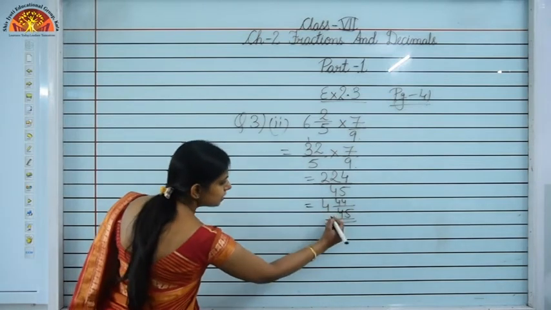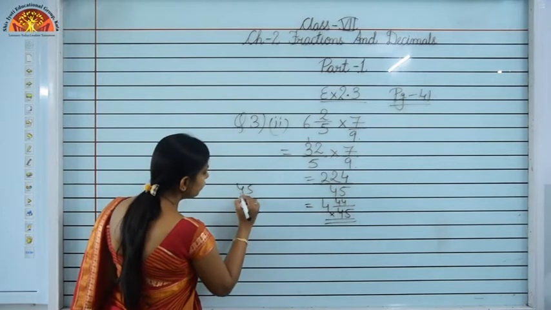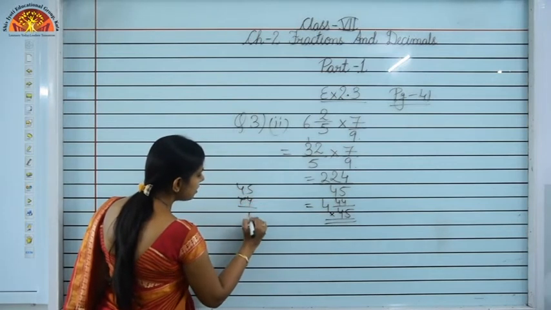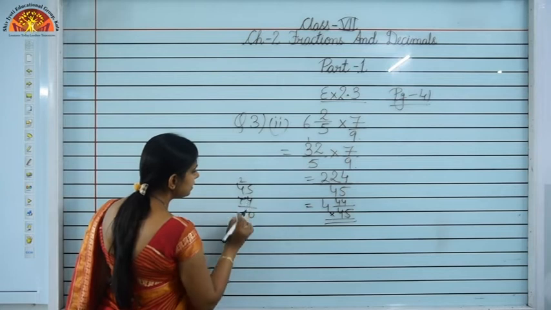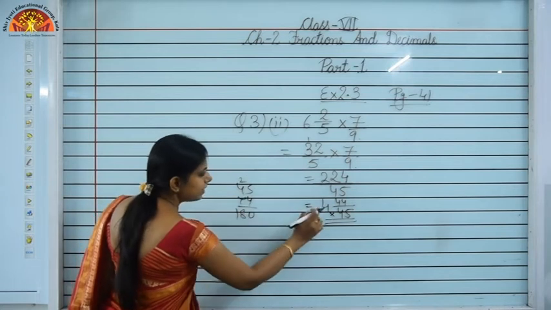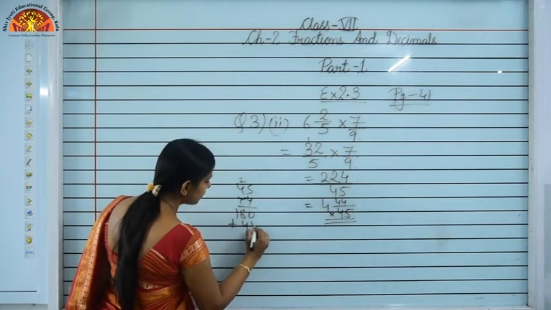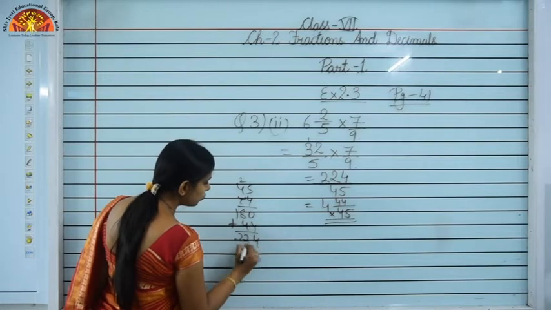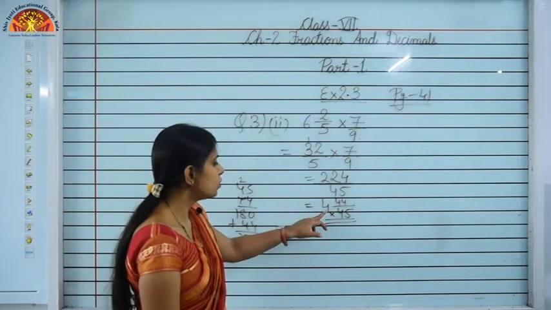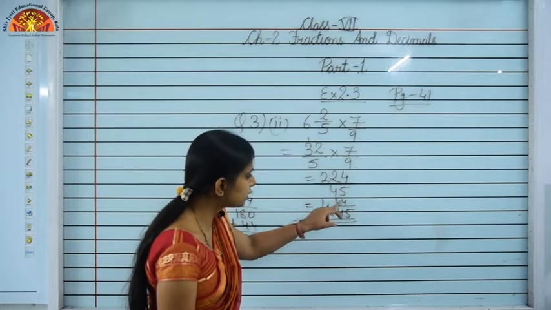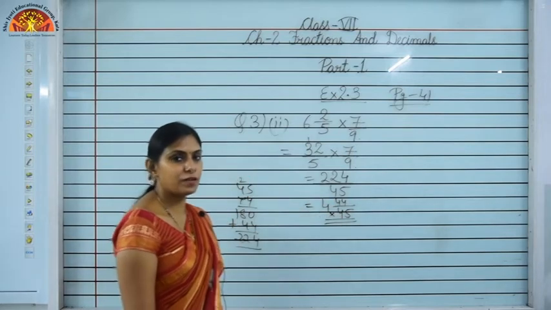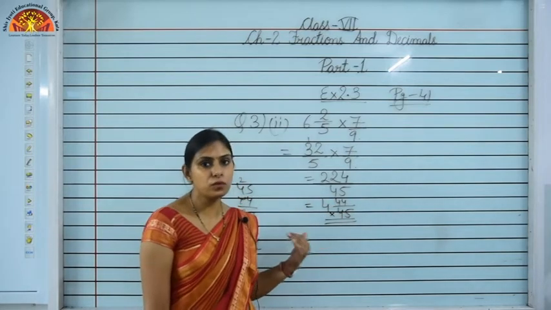You can just check it, that is 45 into 4, that is 4 5s are 20, 4 4s are 16, 16 plus 2 is 18 and 180 plus 44. So it comes out to be 224. So your answer is 4 44 upon 45. Got it children? Now we will just move to the next question.